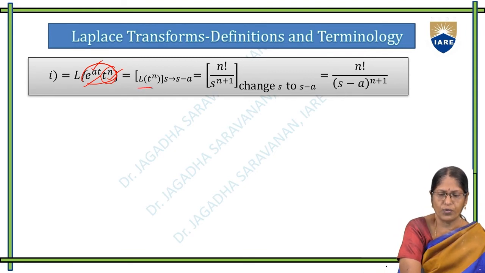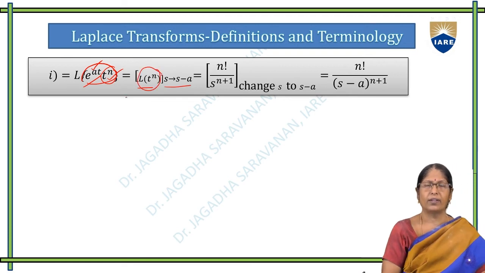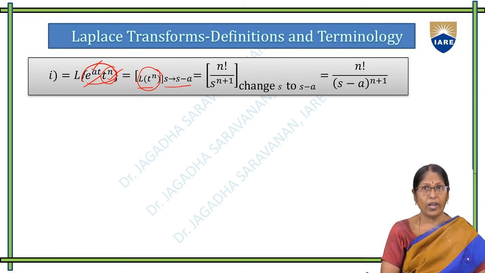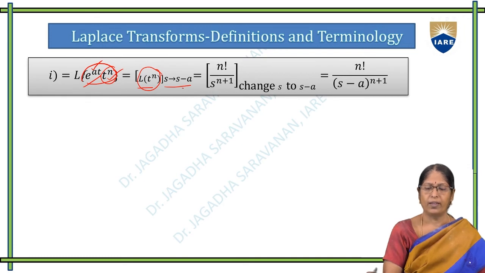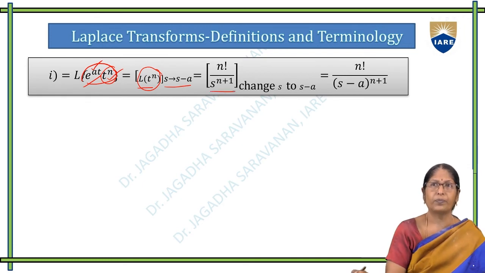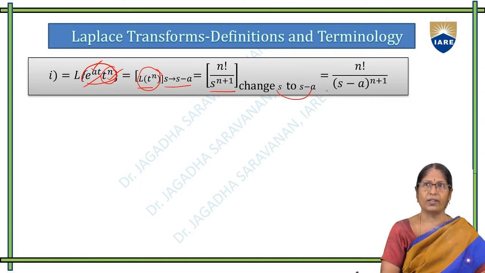So for L of t power n, what we get after applying Laplace is that s is replaced by s minus a. Yes, this is the formula. Here s is replaced by s minus a.